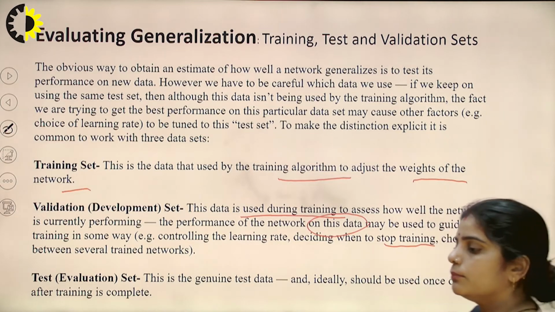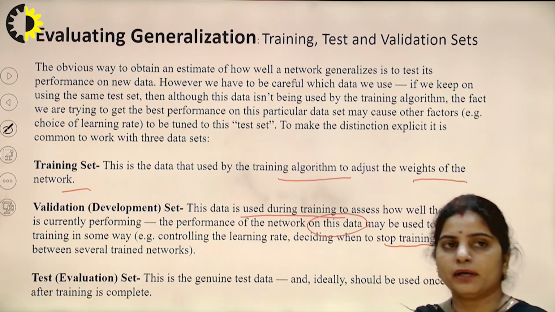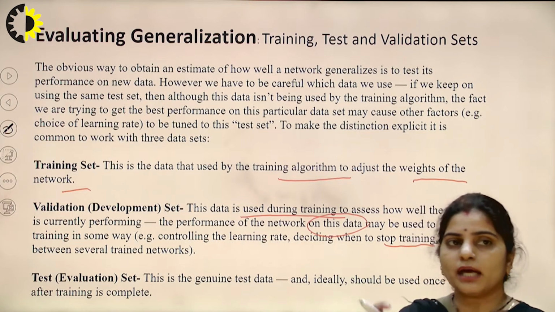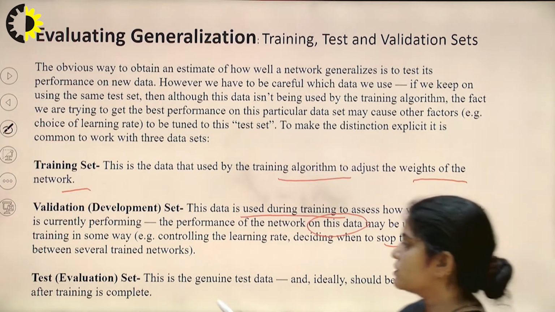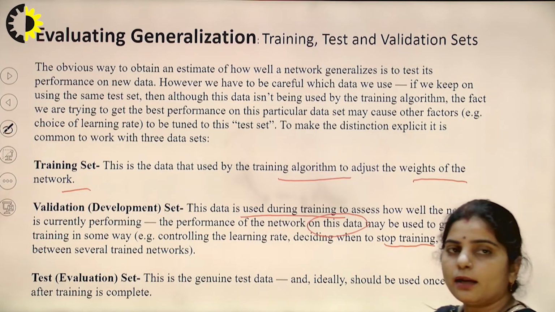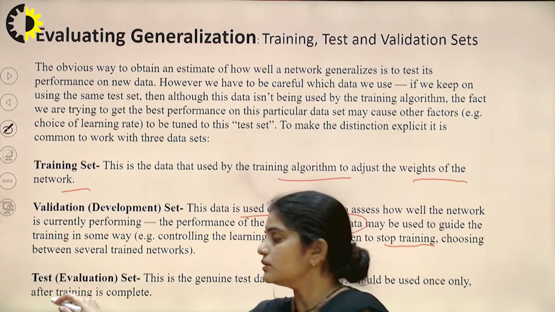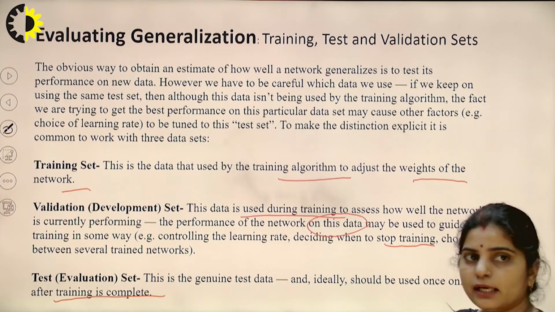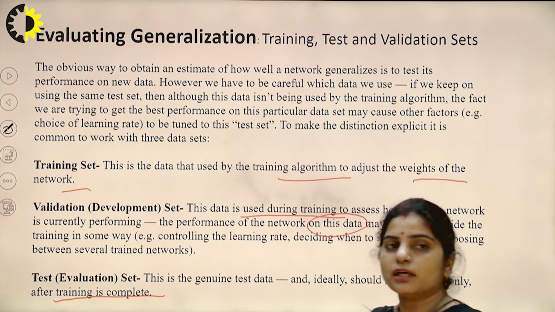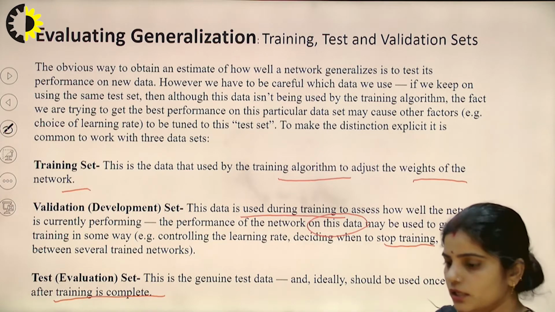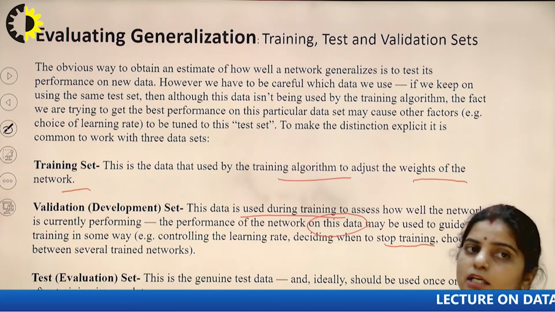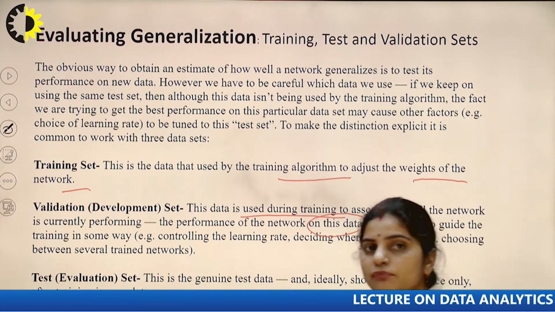After the system is trained properly and validated, when we perform the test on that model, we use the test set data, to check whether the model which is designed performs well on that genuine test data or not.